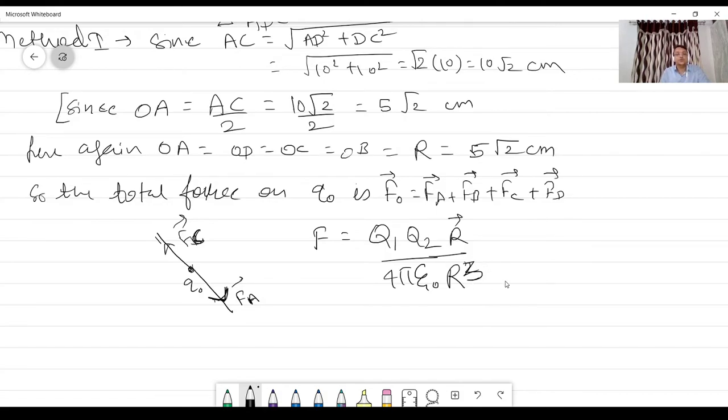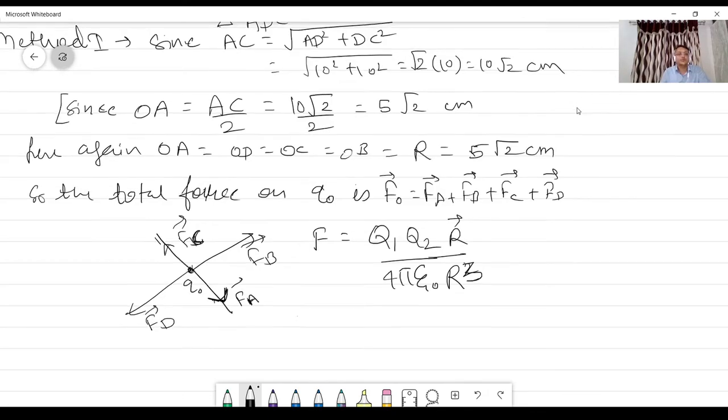That formula I had discussed in the last video. Here there are two more forces: this particular force will be Fd, and this force will be Fb, as they are attraction forces.